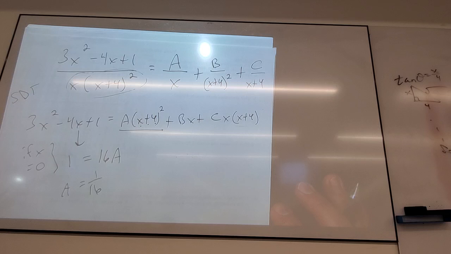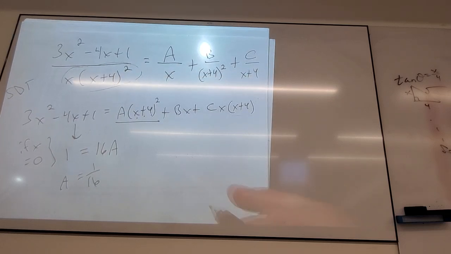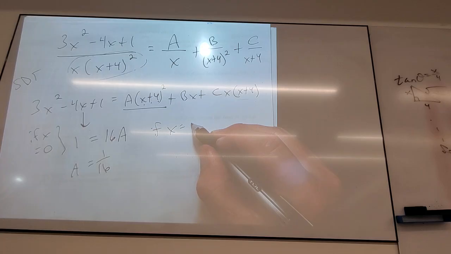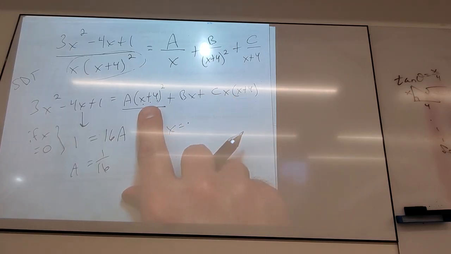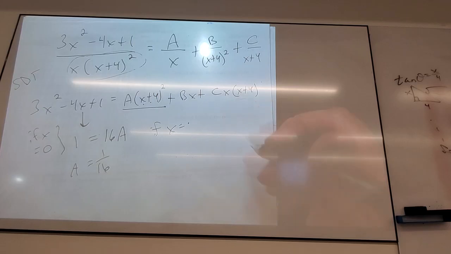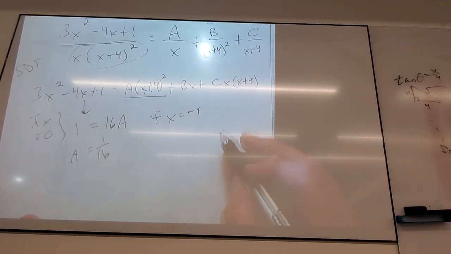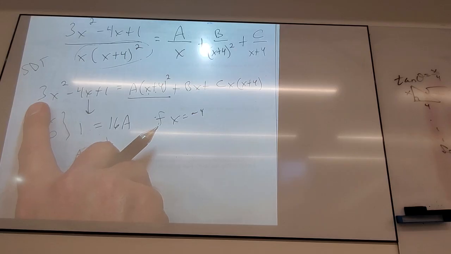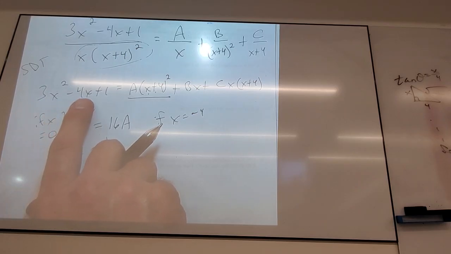What's another good thing to let x equal? What else would kill some of these? Negative 4. I think I heard somebody say that, so thank you. So on this side, what do you get? 3 times 16, 48. Plus 16 is 64.